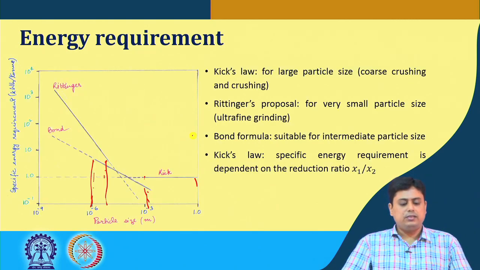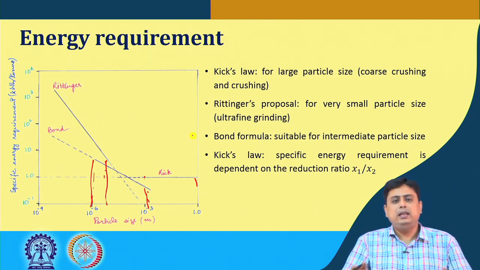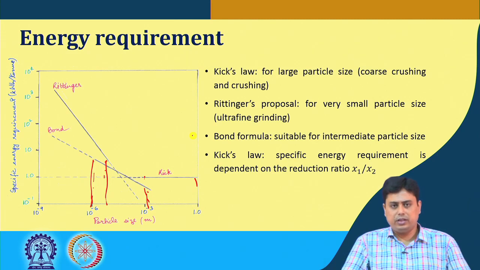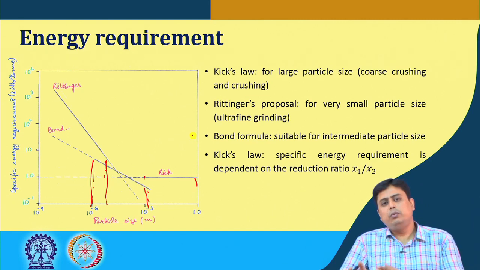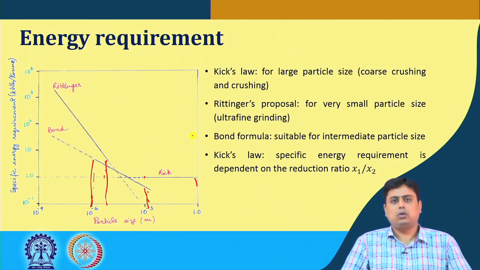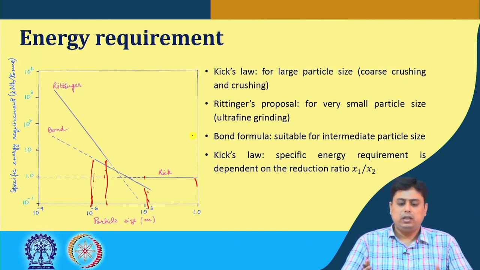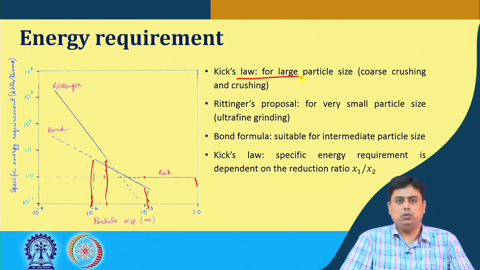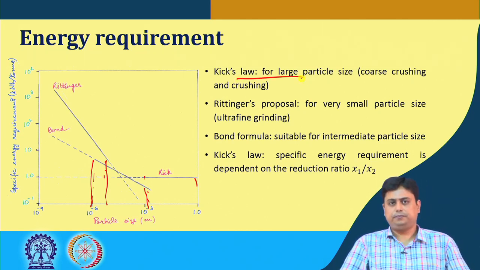That is what is reflected in this diagram as well: when there is a huge amount of surface creation, for ultrafine to finer particles, Rittinger's law provides reliable predictions. When we deal with coarser particles or coarse crushing, Kick's law can safely be used as an initial estimation.